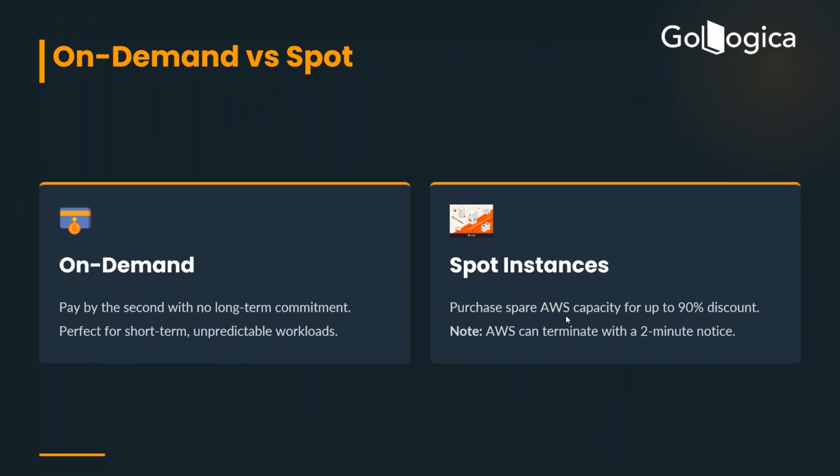Definitely all these data centers are not being utilized 100% all the time. There must be some spare resources available in the data center that are idle, not being utilized.